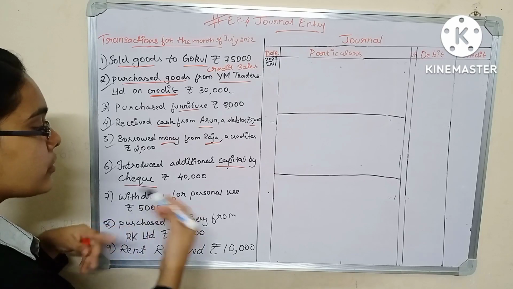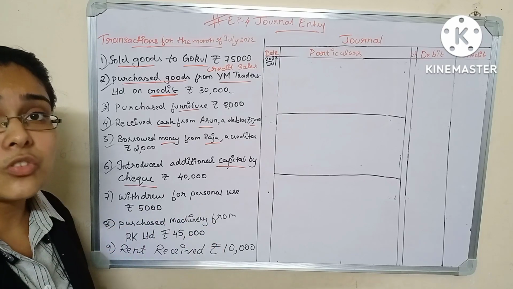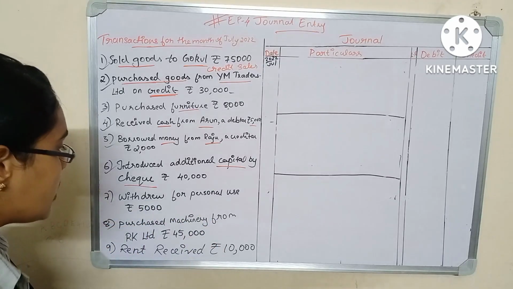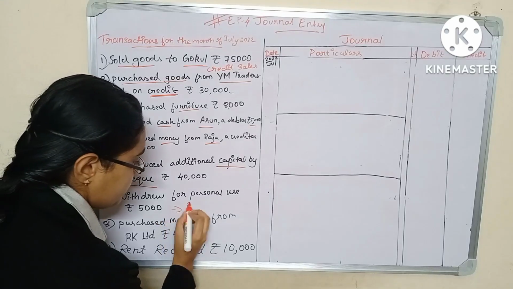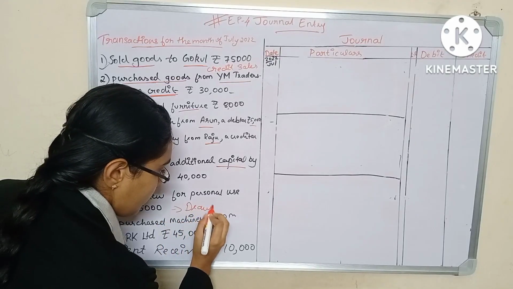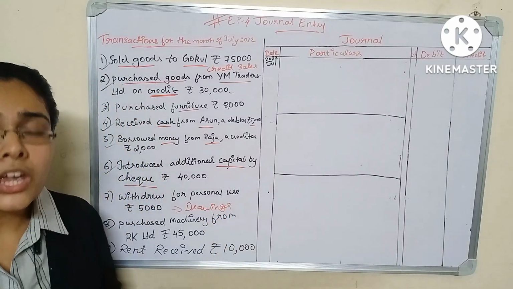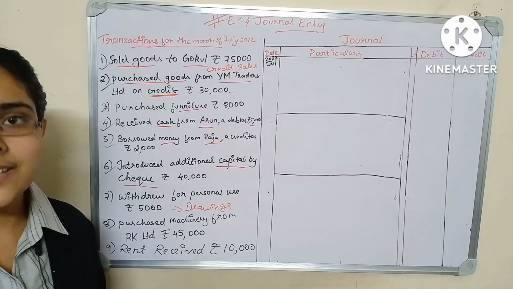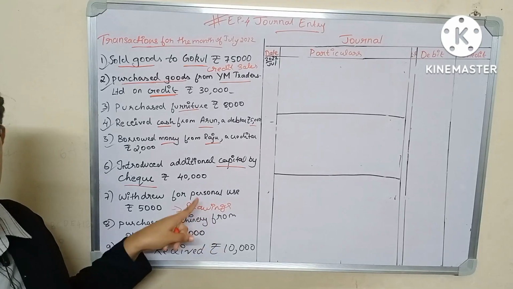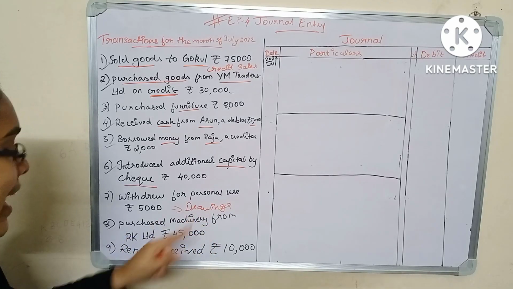For personal use, if you are withdrawing money, it is known as drawings. Okay, so you can write it there. If the owner of the business is withdrawing money from business for personal use, it is known as drawings. Please note that.